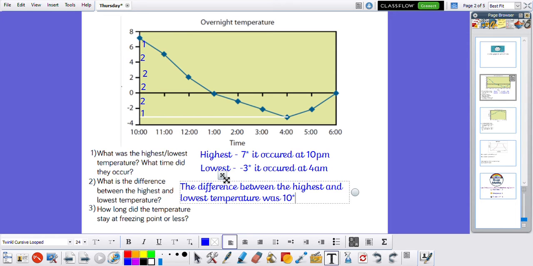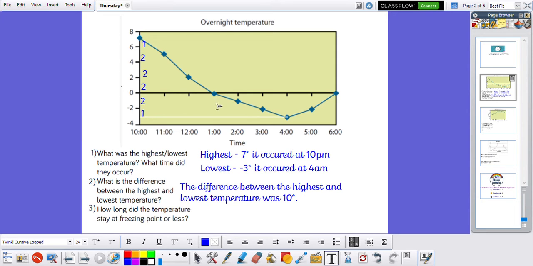Okay, then the last one says, how long does the temperature stay at freezing point or less? So this is a little bit of science because we need to know that freezing point is 0 degrees. So our intervals in time are going up in 1 hour jumps. So we can just count how many times it was 0 or less. So we've got 1, 2, 3, 4, 5, 6.